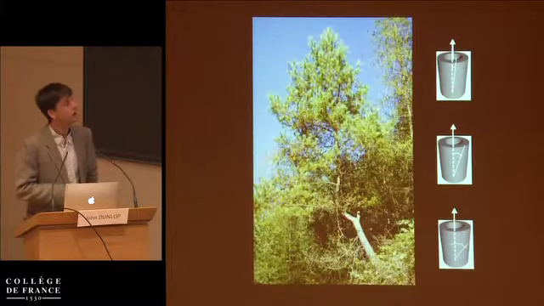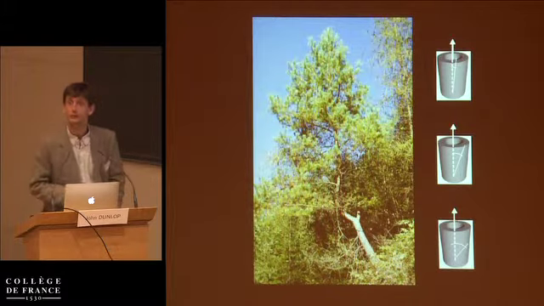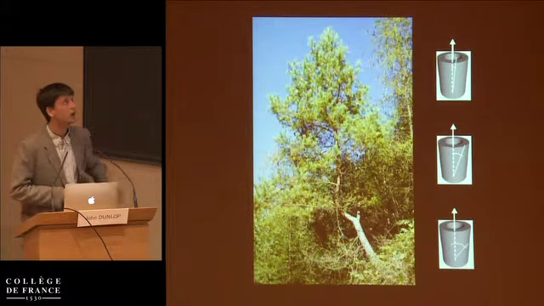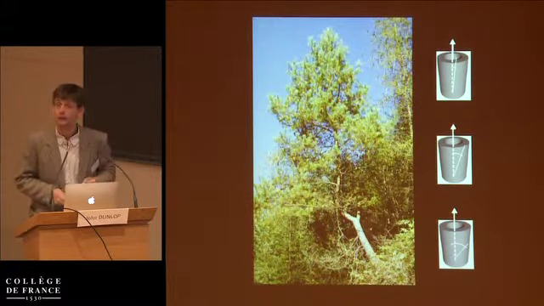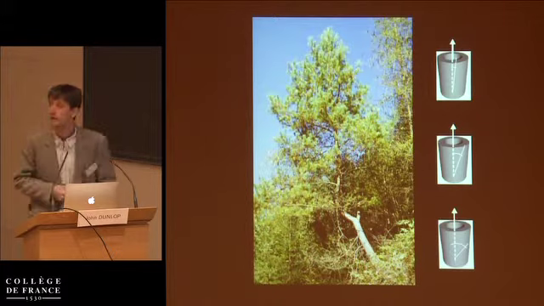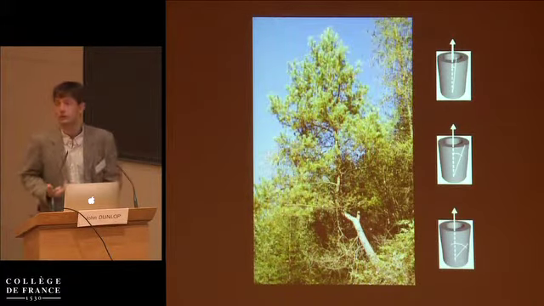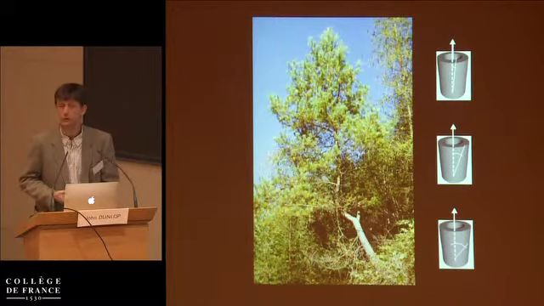However, if you now take a large tree that's had time to grow, if you try and bend that, of course you don't see much motion, but more importantly, it's loaded very heavily under its own weight. So the mechanical requirements of the tree have changed drastically during its lifetime.